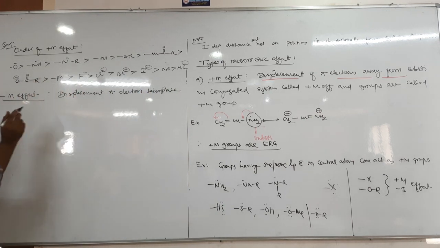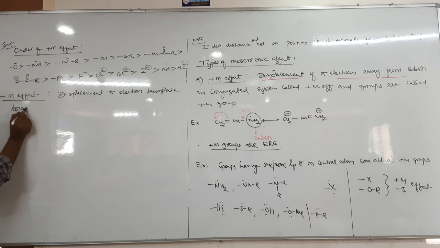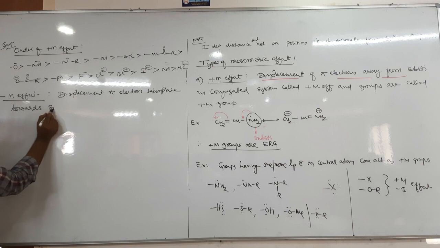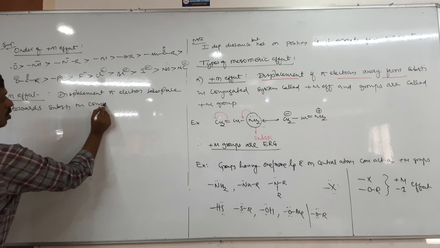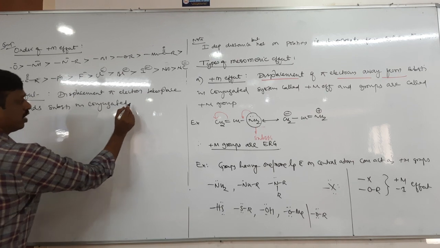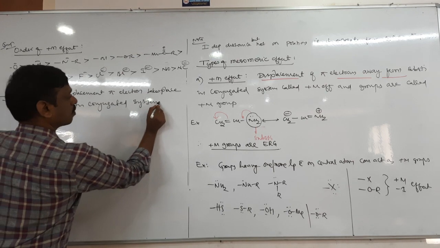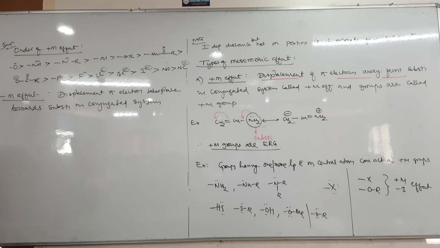So displacement of pi electron takes place towards the substituent in a conjugated system. It is called minus M effect.